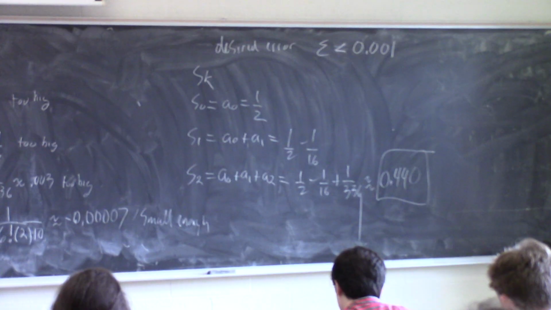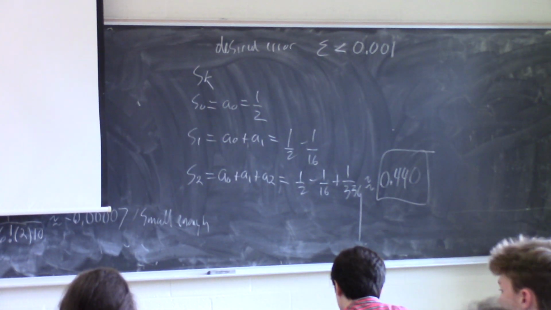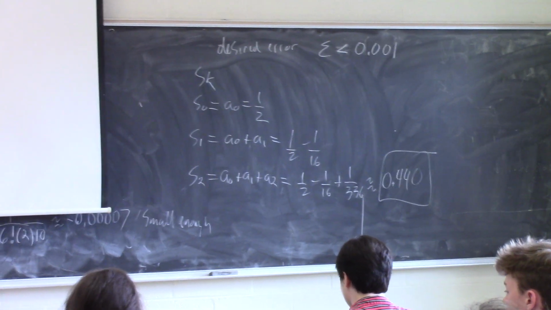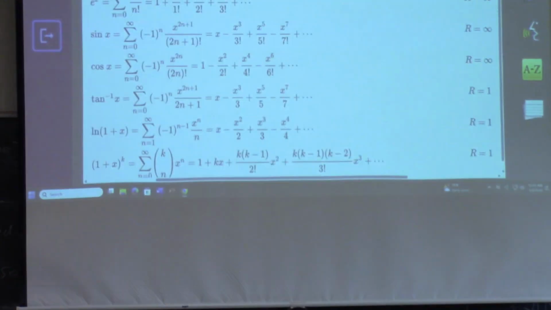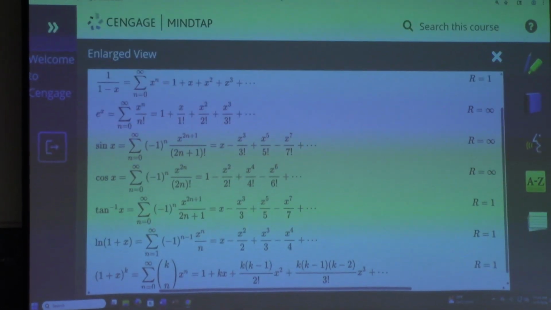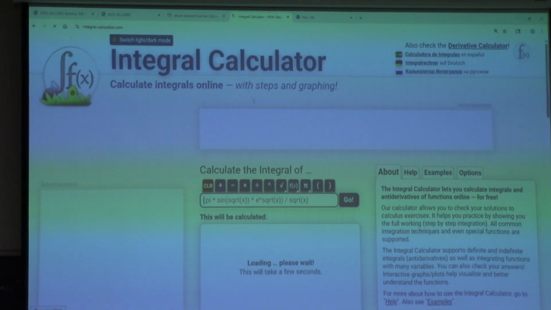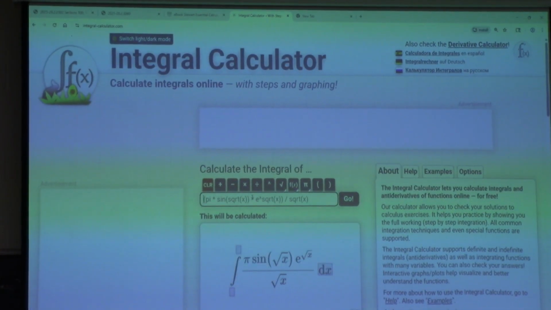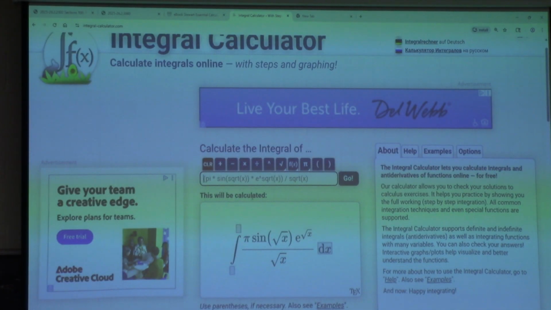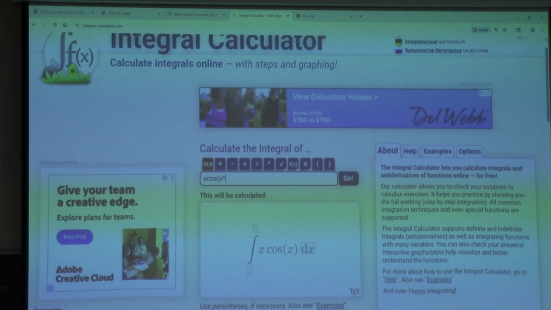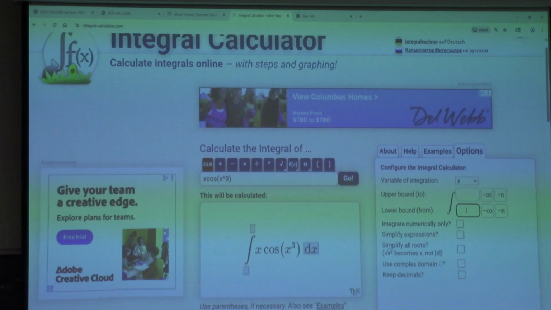Now, let me quickly go to the sheet of mycalculus.com. Let's integrate. What was our integral? x cosine of x cubed from 0 to 1.